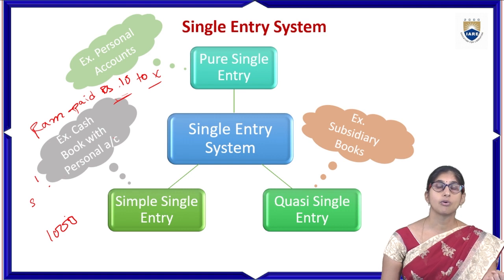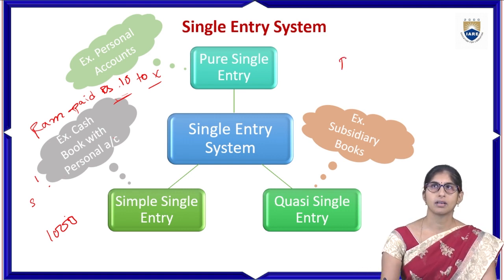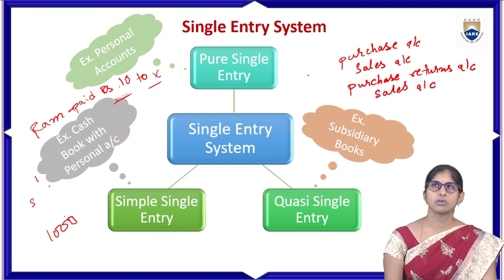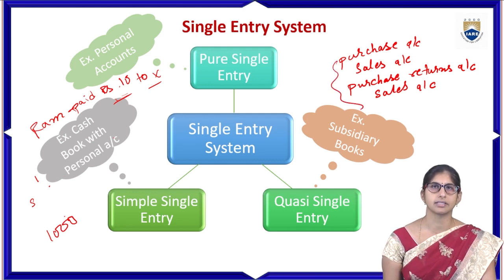Subsidiary books means purchases account, sales account, purchase returns account, and sales returns account. So these are the subsidiary books. We maintain all these in quasi single entry system.